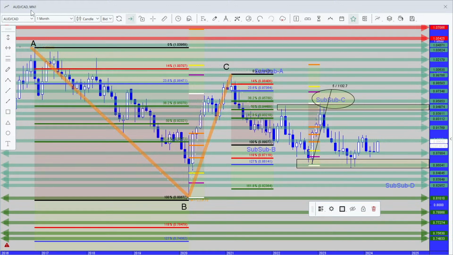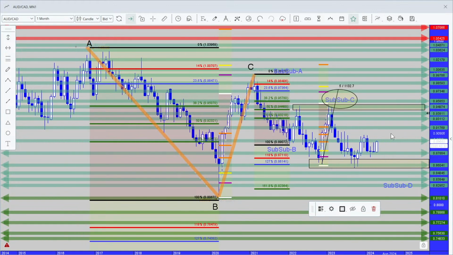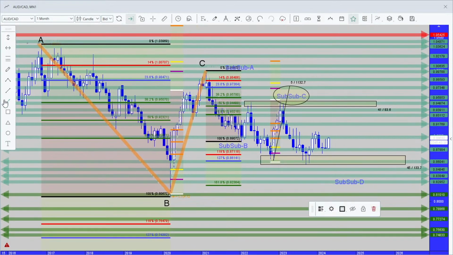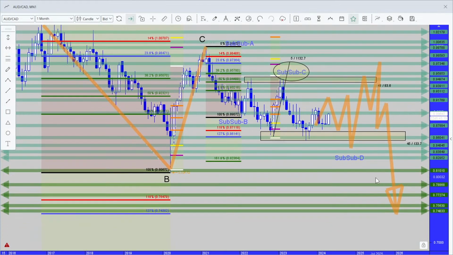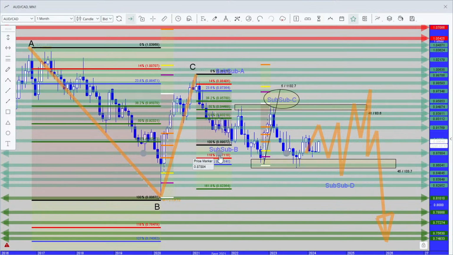Anyway, AUD CAD monthly chart, confirmation Fibonacci is down. So it's confirming the market's going down. Now in the meantime, the market of course can do anything it wants. We're clear on that. But long-term direction, so it went to blue, the market nonetheless 7 times out of 10 is going to come down to here, to the lower band, right?